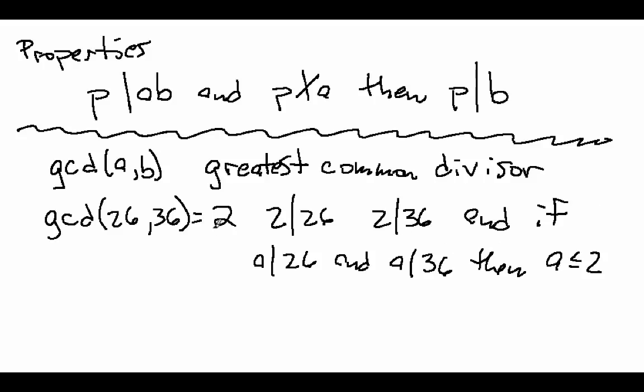In other words, the greatest common divisor of any two numbers is a number that divides both of the numbers, and it's bigger than any other number with that property. Okay?